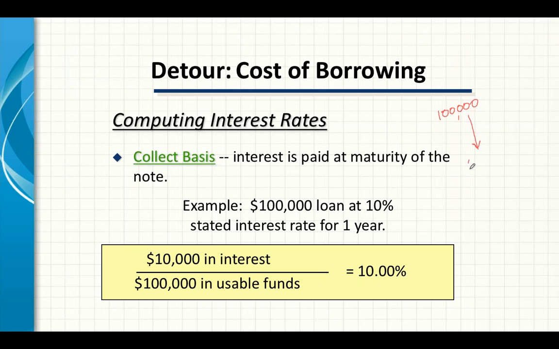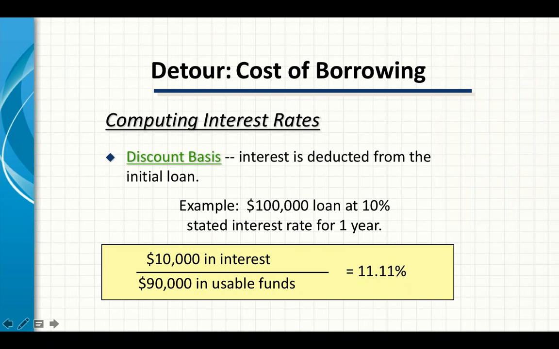You carry $100,000 to your business. You can invest this entire $100,000 in your business, wait for 1 year, come back, and pay $100,000 plus $10,000 towards interest. So the total disbursement after 1 year will be 110,000. This is interest, this is towards principal. So here your rate of interest is only 10% because you are paying 10,000 extra at the end of the year. But in the case of discounting the loan, it is different.